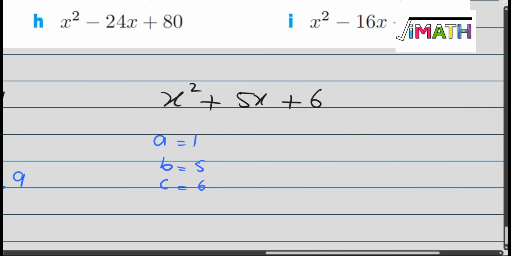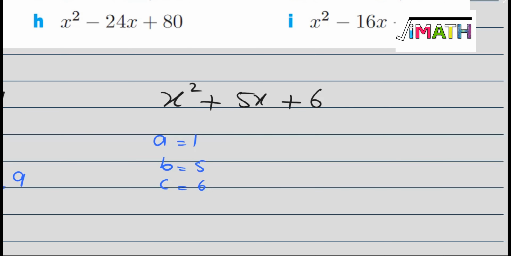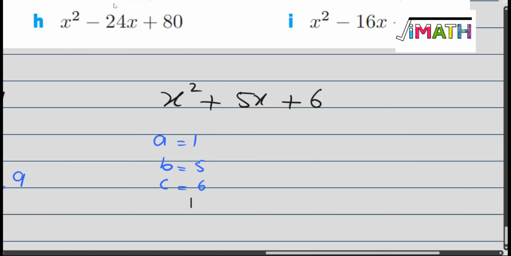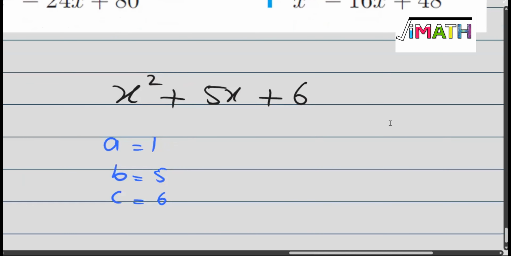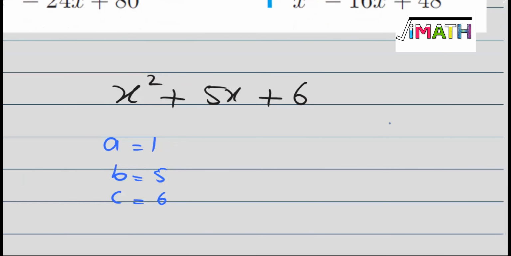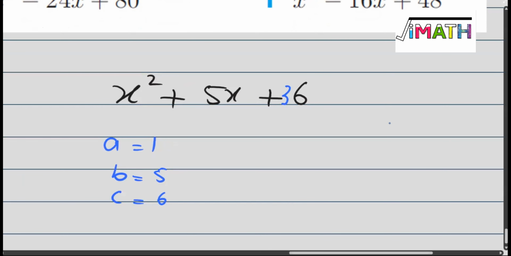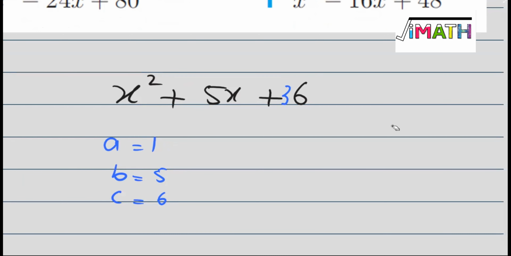So the question is to factorize this form, but not using the formula, because we cannot write 6 as a perfect square. If it were 36, we could have used that formula, that is the a square and b square thing. But since we don't have a perfect square on the right side, we cannot use that formula here, right?